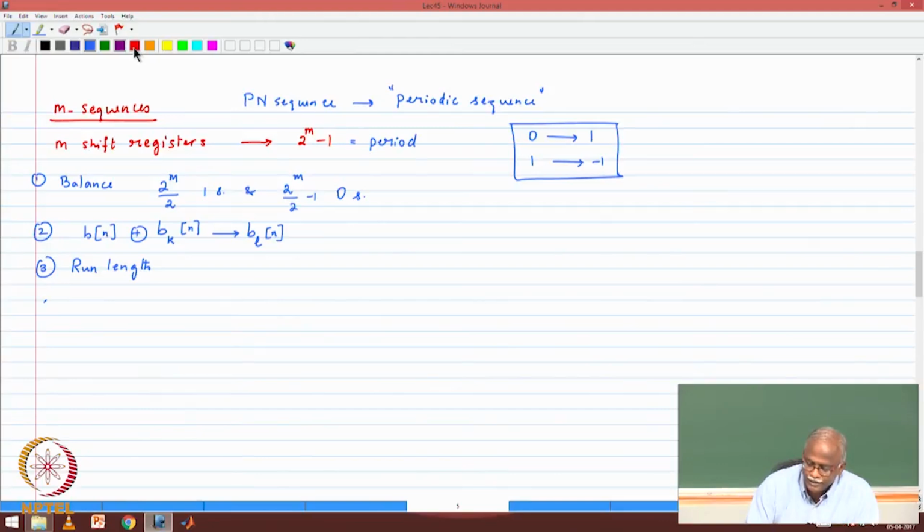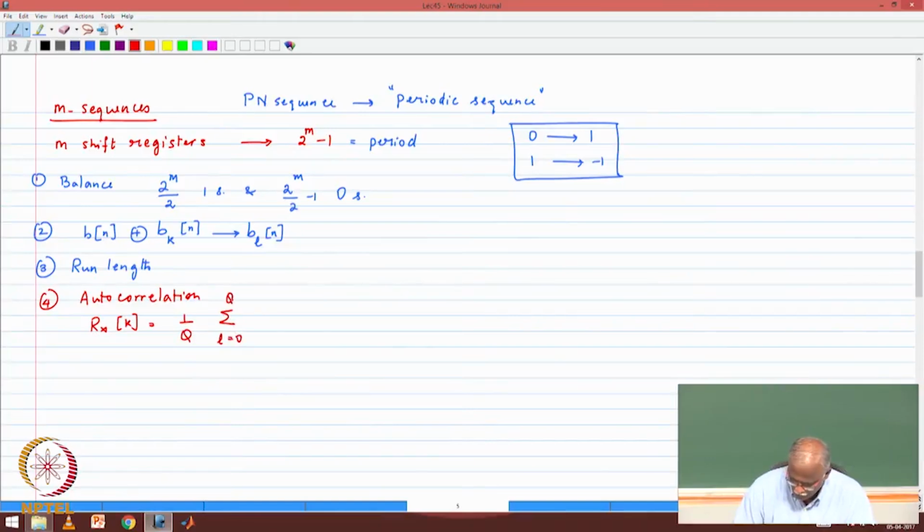Probably the most important, let me use a different color, is the autocorrelation property. This is what we will leverage anytime we work with M sequences. So this basically says Rx of k, a cyclic autocorrelation, is defined as 1 over q, summation l equal to 0 through q minus 1, x of l times x conjugate of (l minus k) mod q. We are dealing with real values, so conjugate really does not matter.